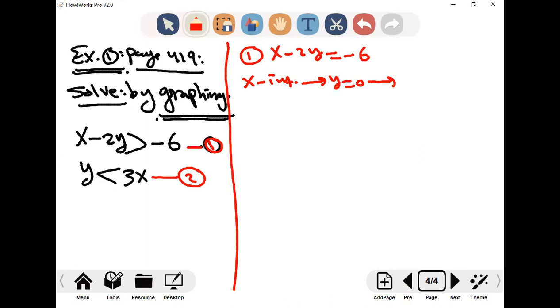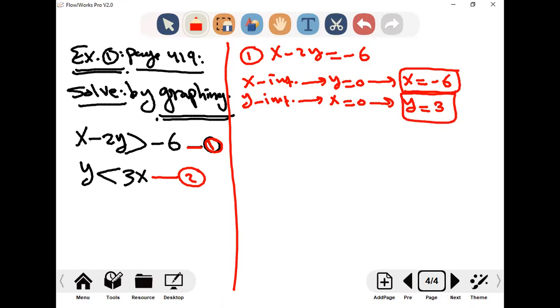Do you understand this? x equals -6. To find the y-intercept, put x equals 0. Now focus. x is 0, right? -2y equals -6. Divide by -2 on both sides. y will be 3, positive, right? So I'm done with the first one.